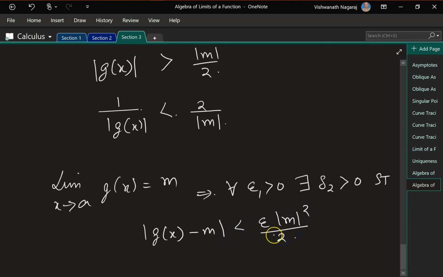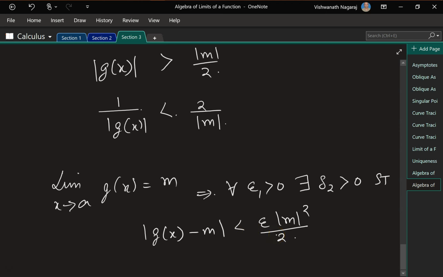Now why are we taking this odd kind of figure? Here, we know that in the denominator, at some point in time, we will end up with |m|. Our ultimate objective is to get less than epsilon. So that means |m| has to get cancelled.